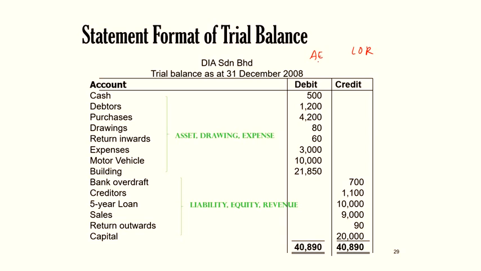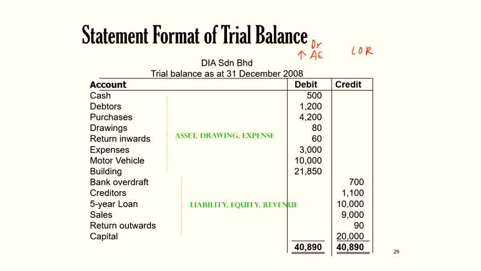So bila asset and expenses, dia akan berada di belah debit bila dia increase kan. Since kita kan decide dia tu sama ada ledger tu debit balance or credit balance based on which one is higher kan.